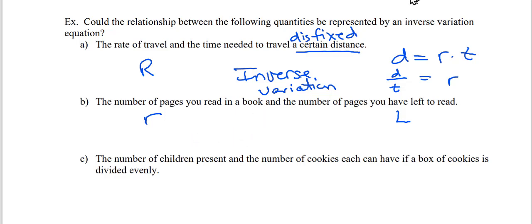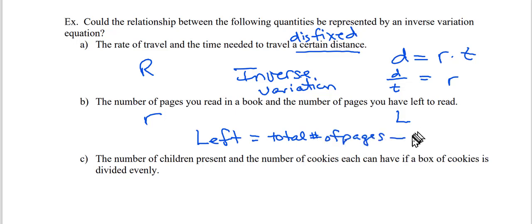What you have left to read will equal the total number of pages minus what you've read. So L, number left, would equal some constant, let's say total T, minus the number of pages you've read, right? The sum of what you've read and what you have left has to equal the total number of pages. So when we subtract that over, we get this.